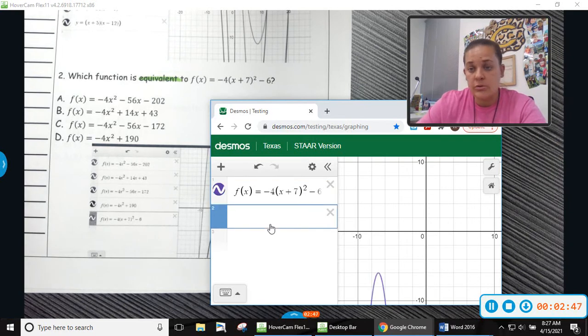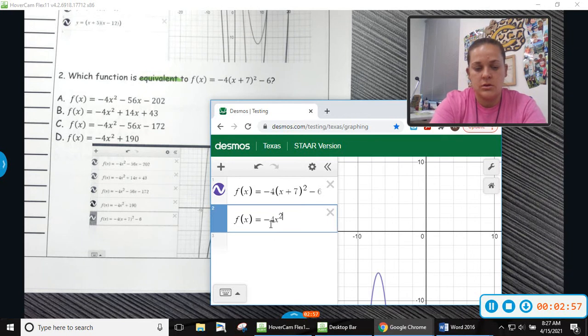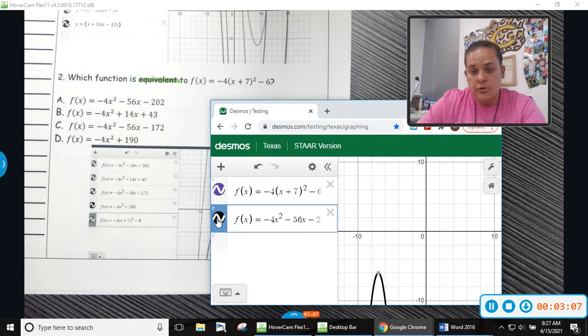Always double check, just like I do. I make mistakes typing these in all the time. Make sure that you are double checking. So negative 4x squared, minus 56x minus 202. Those look exact.